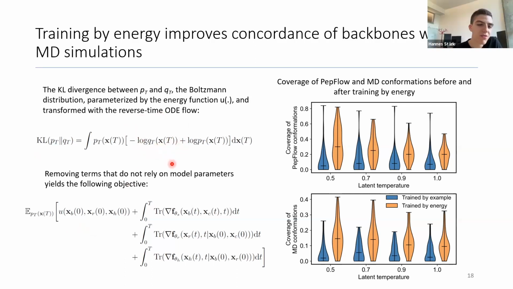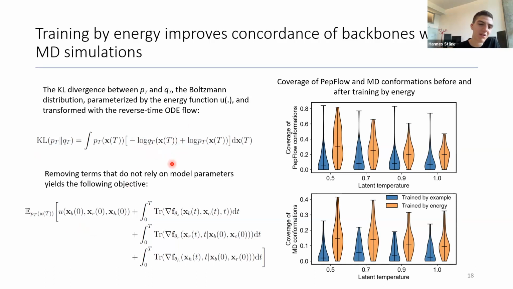Yeah, and U corresponds to the negative log probability, right? Because we have our Boltzmann distribution, where e to the minus U gives us the unnormalized probability. Taking U is the same as taking minus log of the probability.